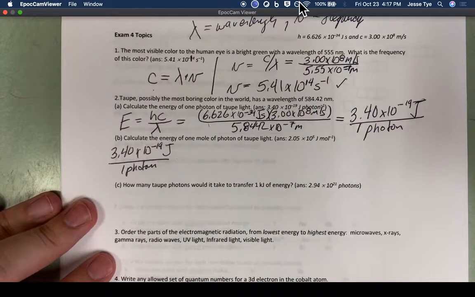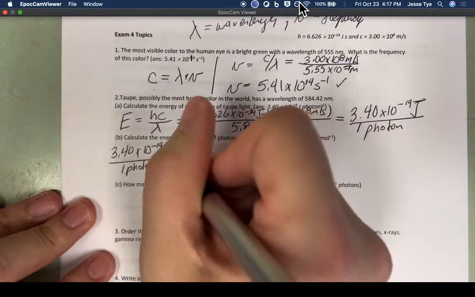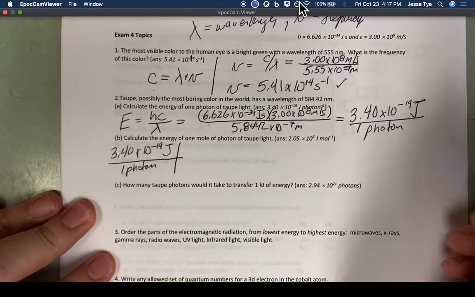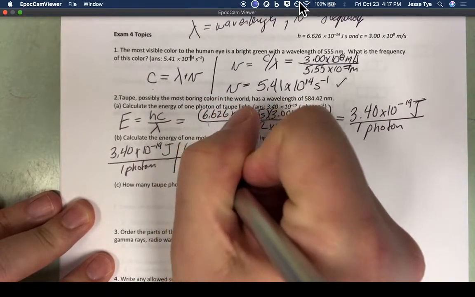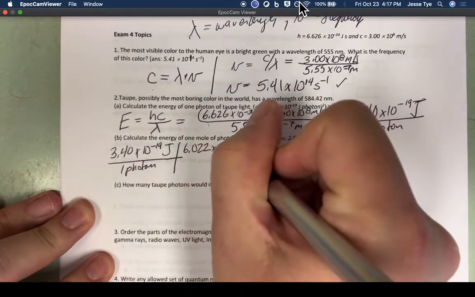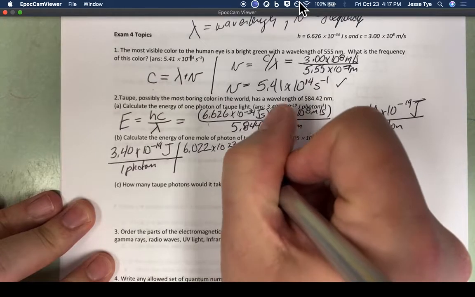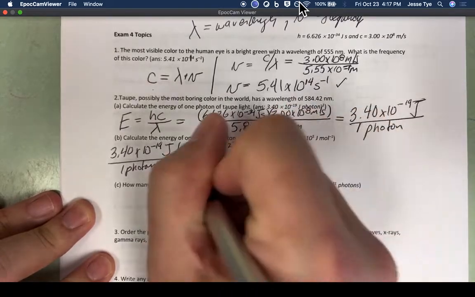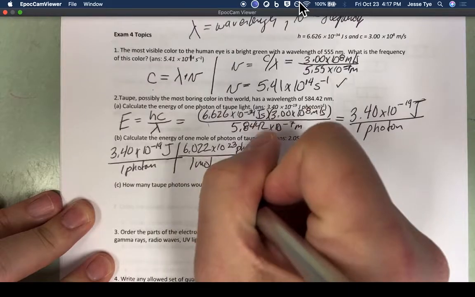So what's the energy of 1 mole? What's the energy per mole? 6.022 times 10 to the 23rd photons, that's Avogadro's number, is 1 mole of photons.